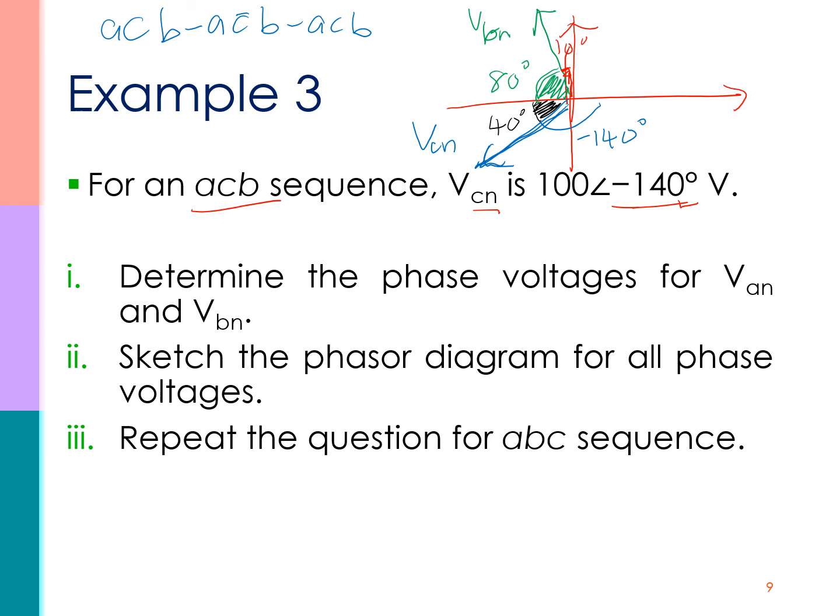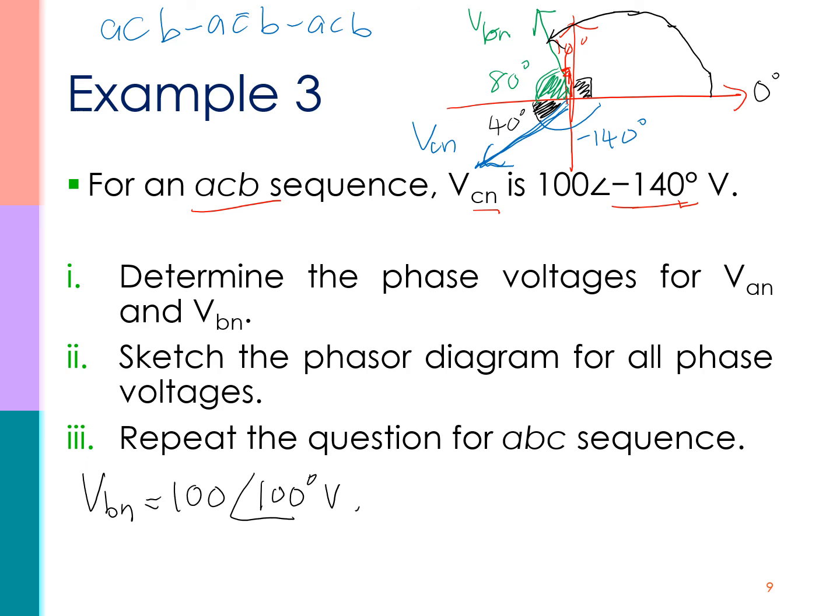As I mentioned, for the reference of any angle, you have to start with 0 degree. So the angle for VBN, from 0 to here, is 100 degree, because this one is 90 degree, and 90 plus 10 is 100. So VBN equals 100 volt with 100 degree.